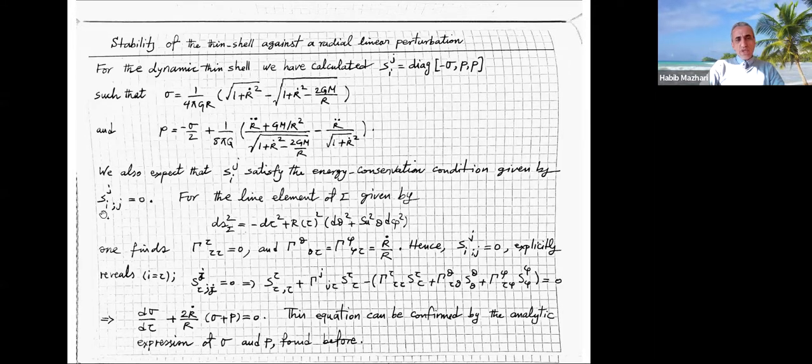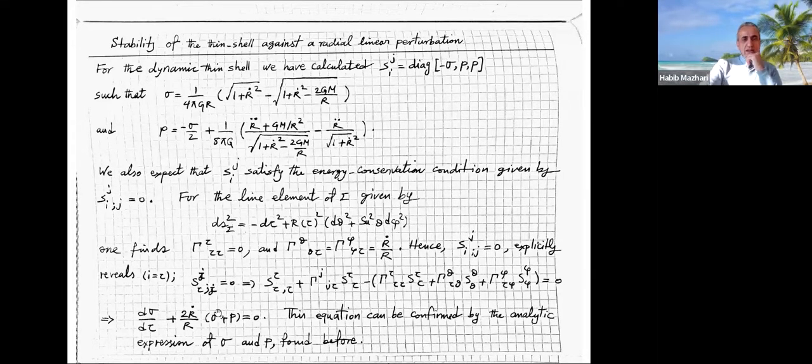If you just open it based on our Sij, I did all the detail here. I'm not going to spend time on that. We get at the end this equation: d sigma d tau is equal to minus 2 r dot over r, times sigma plus p. This equation is just the explicit form of our energy conservation equation for i equal tau.